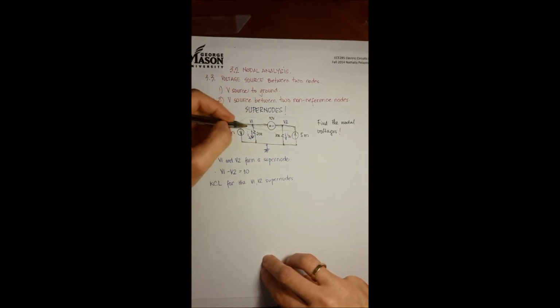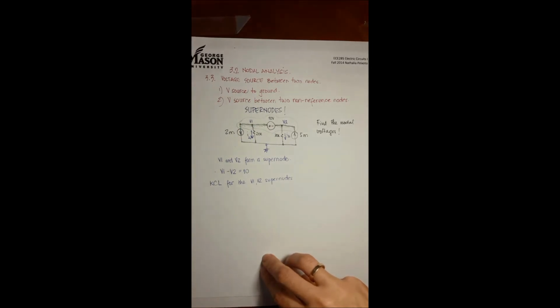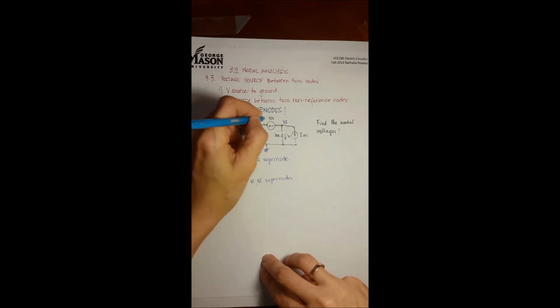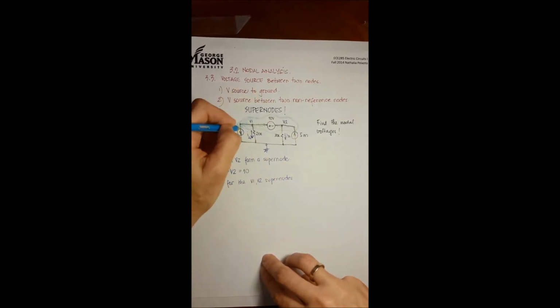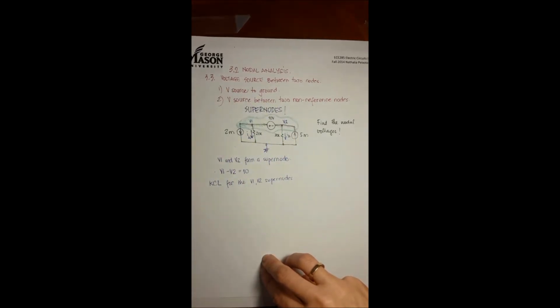I'm going to do KCL. 2 milliamp. First I'm going to look at everybody coming in. And now where I painted green here, maybe I'm going to paint blue now that I have new colors. Everything painted here around the two nodes makes one supernode.